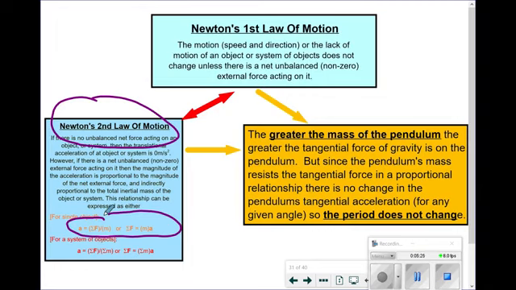That divided by the mass will just give you acceleration of g sine theta. Mass cancels out. So greater masses experience greater forces, but greater masses also have greater inertia, greater resistance, and so the period does not change.